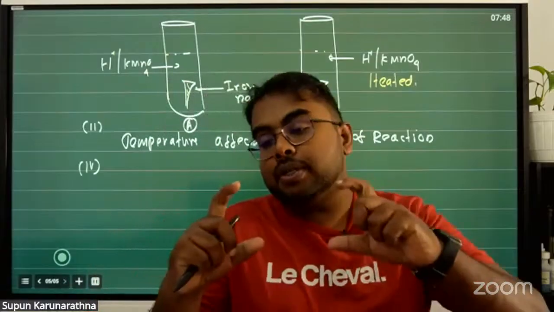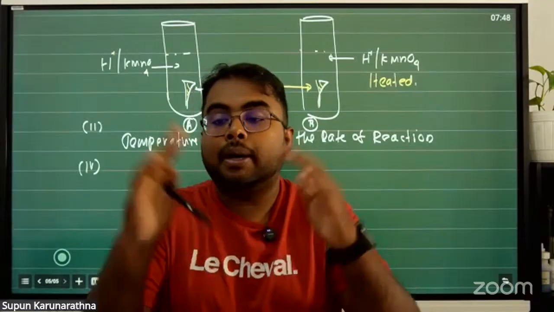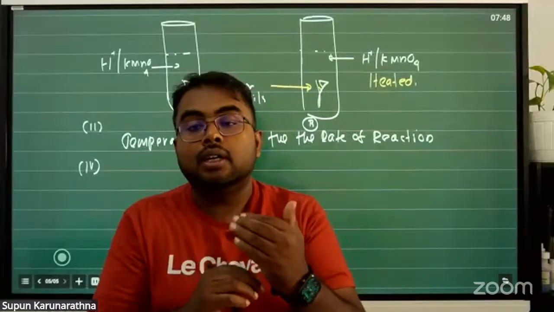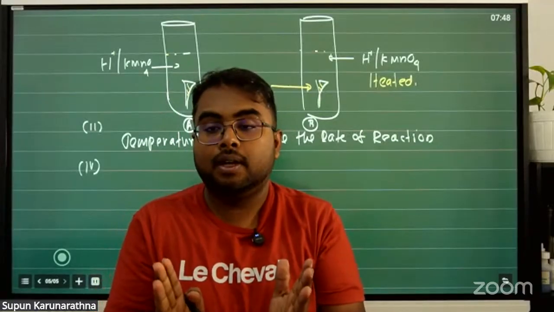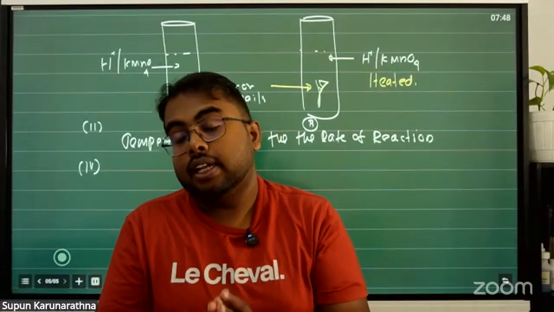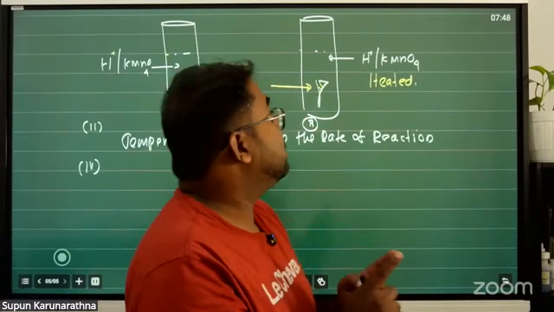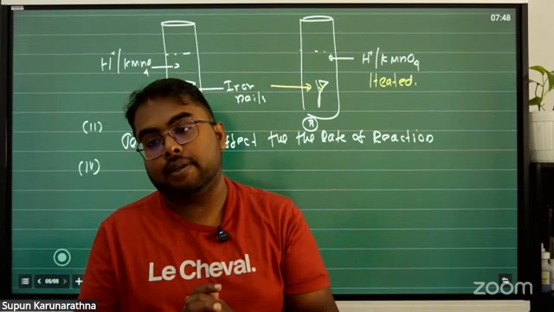We can observe that in both, the color of the acidified potassium permanganate is decolorized, but the time taken is not the same. The heated one takes less time than the normal acidified potassium permanganate.